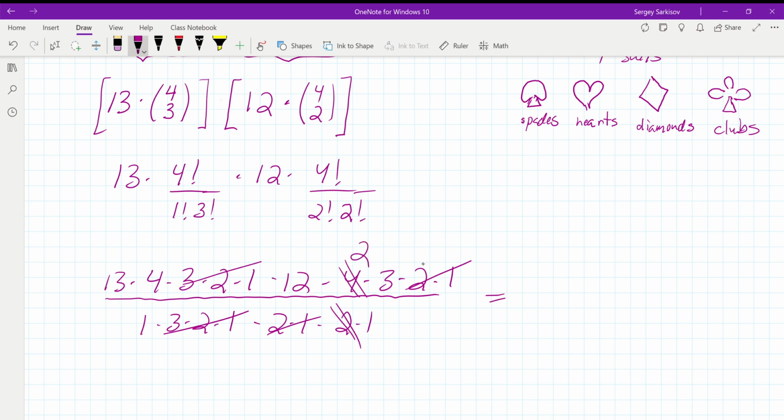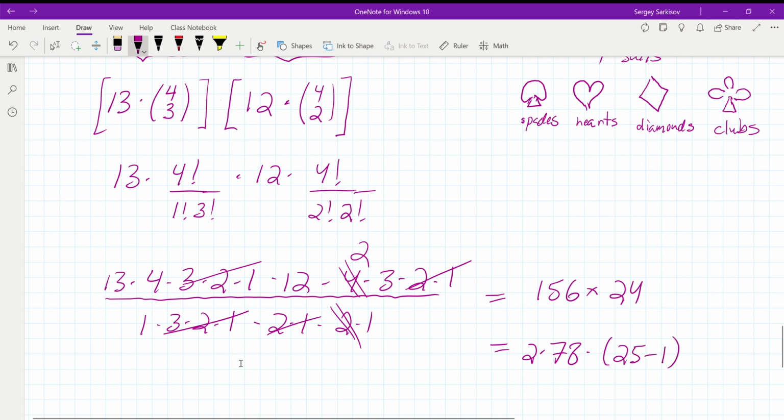Okay, 13 times 12 is 156, and then times the 4 left, times the 2 and a 3, that's 24, right? 4 times a 6. Okay, what does that equal? Let's see how we can do that quickly. I'm going to do something fun. 156 is 4 times 39, right?